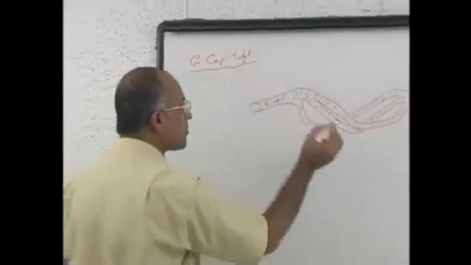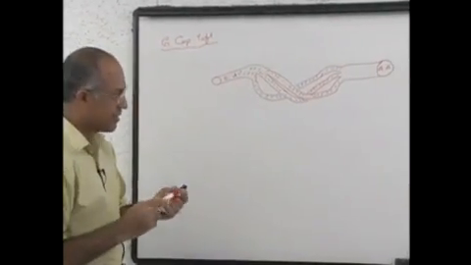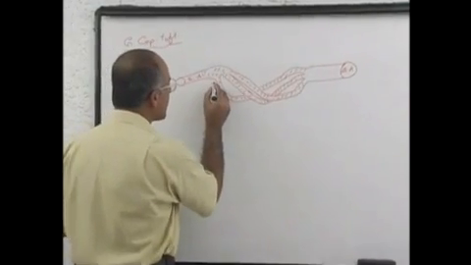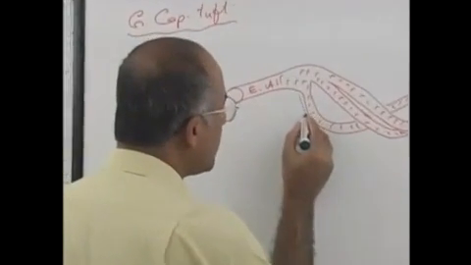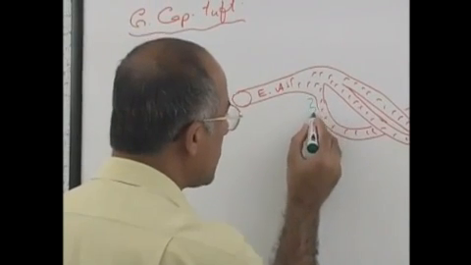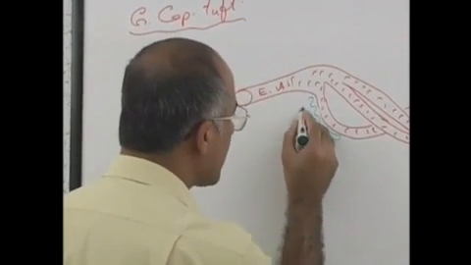Now this glomerular capillary tuft is surrounded by, or invested by, a double layer of cells. Let's suppose this is a very special group of cells.